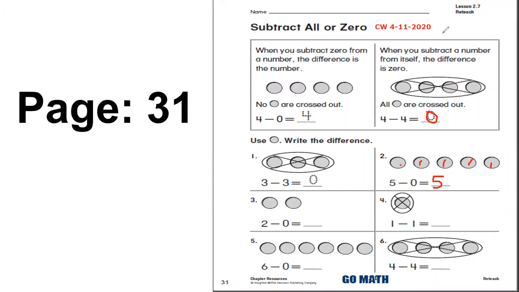Very good, Jury. Ilyana. Excellent. Miral, Rawand, Mariam, Mahmood. Very good. Excellent, Zainab. Very good, Warif. So 2 minus 0, we have all the two circles left. So that gives you 2.